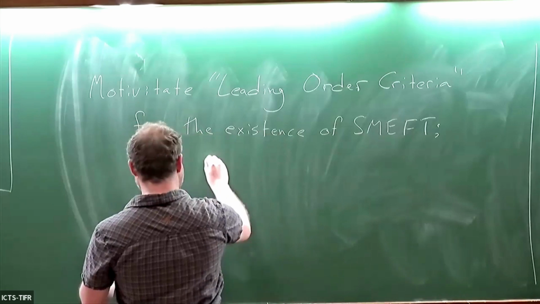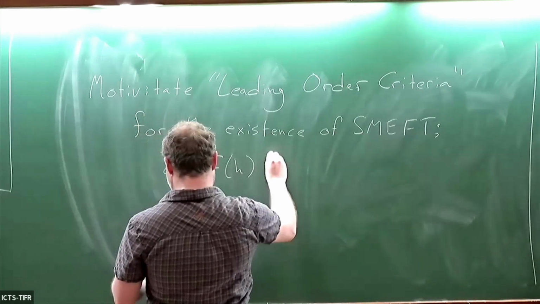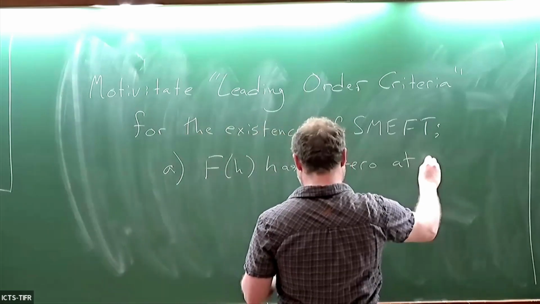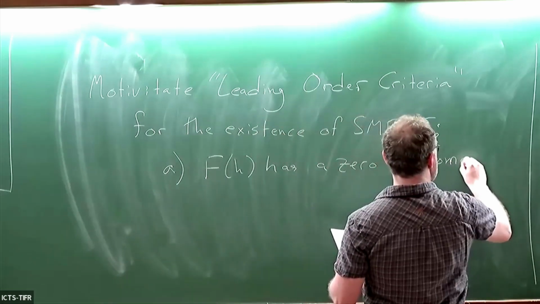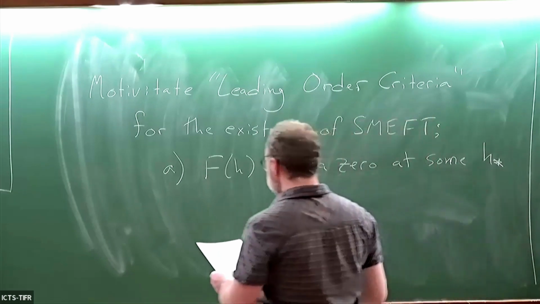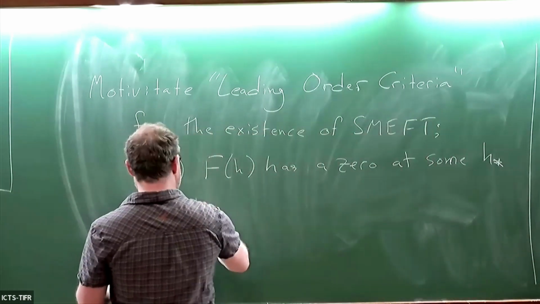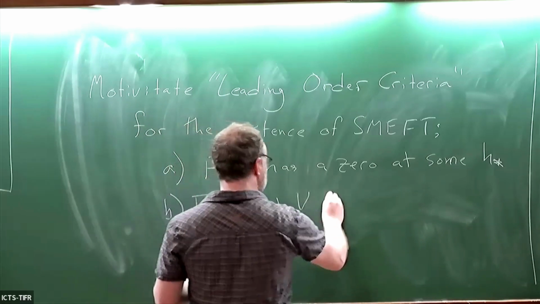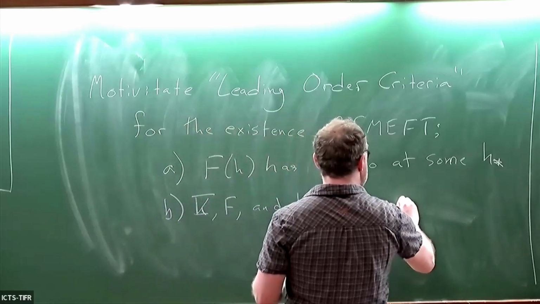A, f of h has a zero at some point h star. B, k, f, and v have convergent Taylor expansions.